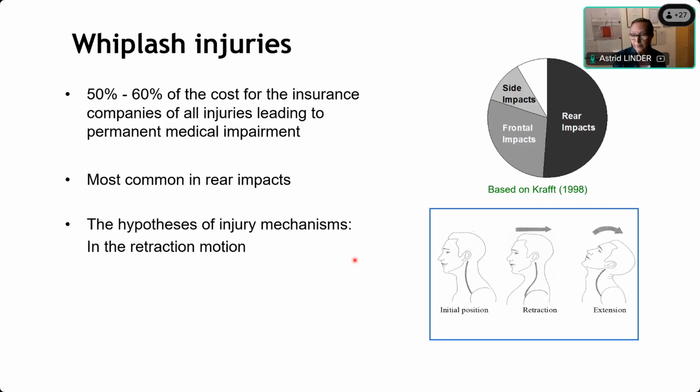And the hypotheses for these injuries are in the early phase of the motion, where the head translates relative to the torso, which can of course occur in what we call retraction, which is shown here, but also in protraction in the other way. If the torso is kept close to the seat, and you have a frontal input, and then your head goes like this.